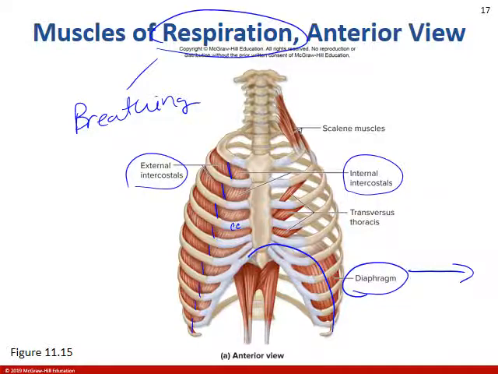And these external intercostals are going to expand out if you're taking in a breath. So if you're doing inspiration, bringing air in, these external intercostals are going to flare out. And if you're doing expiration, so blowing air out, these internal intercostals are going to contract. And you can see the internals come all the way to the sternum.